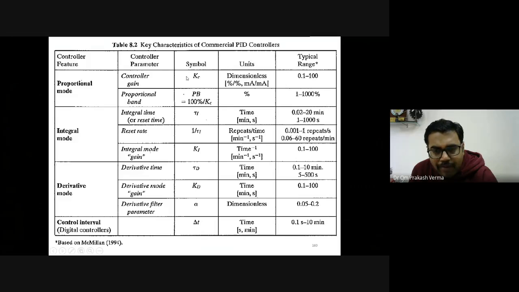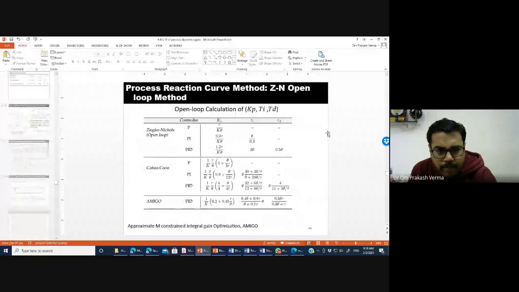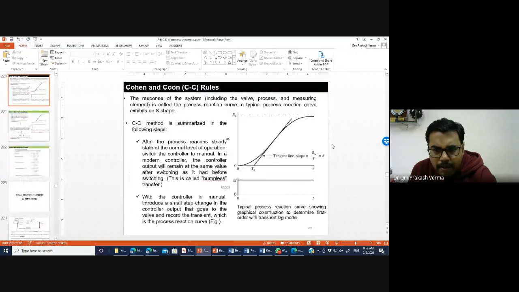When you are varying the Kc value, if you are talking about proportional control in terms of proportional band, then it will vary from 1 to 1000%, right? So we are talking here in terms of Kc, so we are going to vary the range from 0.1 to 100, right?